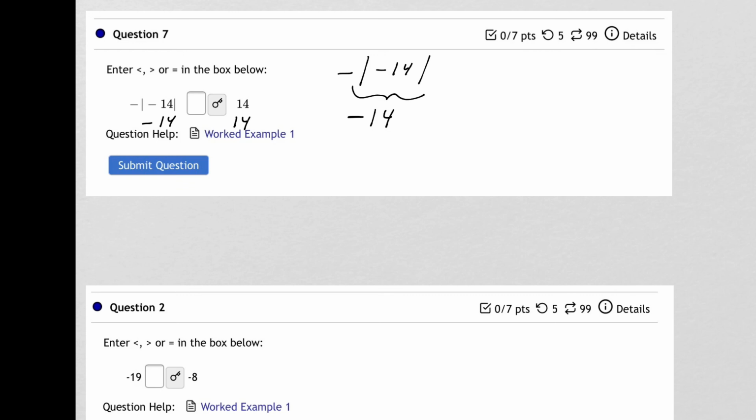Negative 14 is over here somewhere, positive 14 is over here somewhere. Since negative 14 lies to the left of positive 14, it's got to be less than. So negative absolute value of negative 14 is less than positive 14.